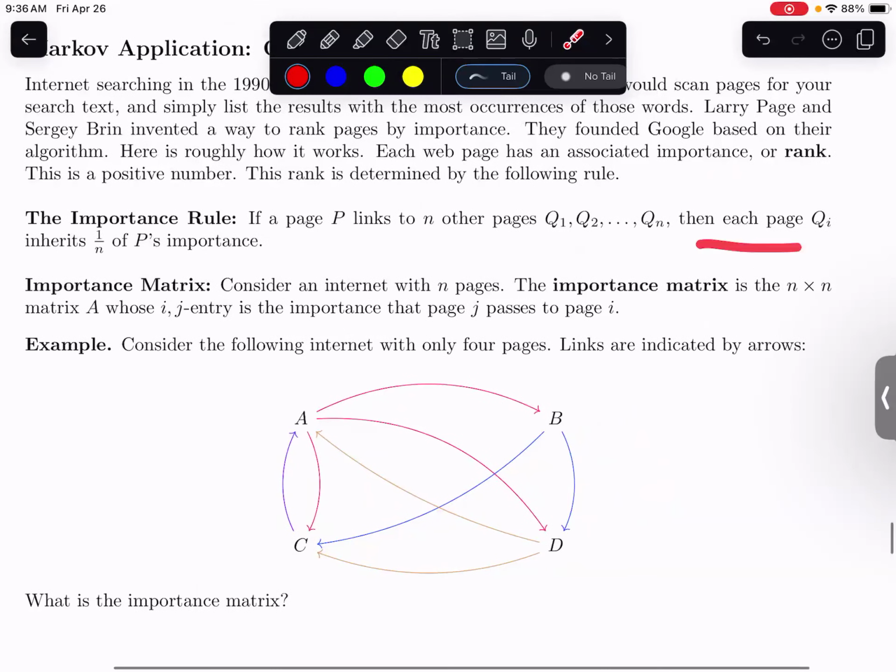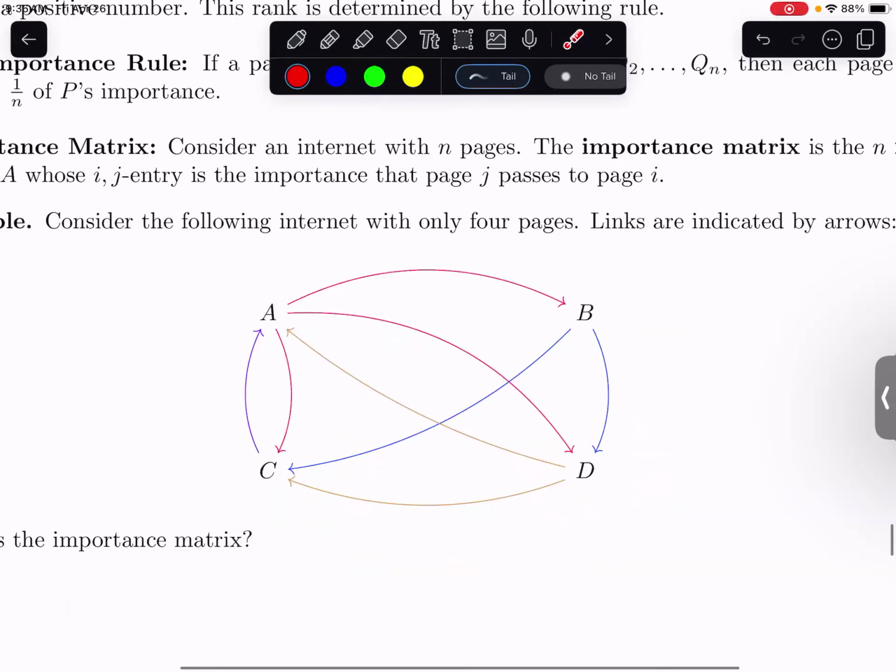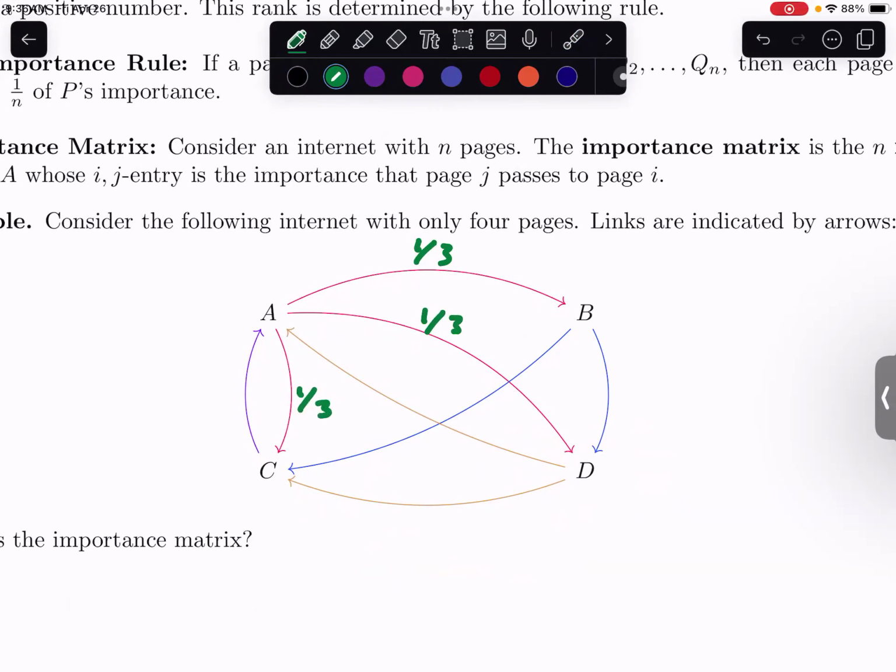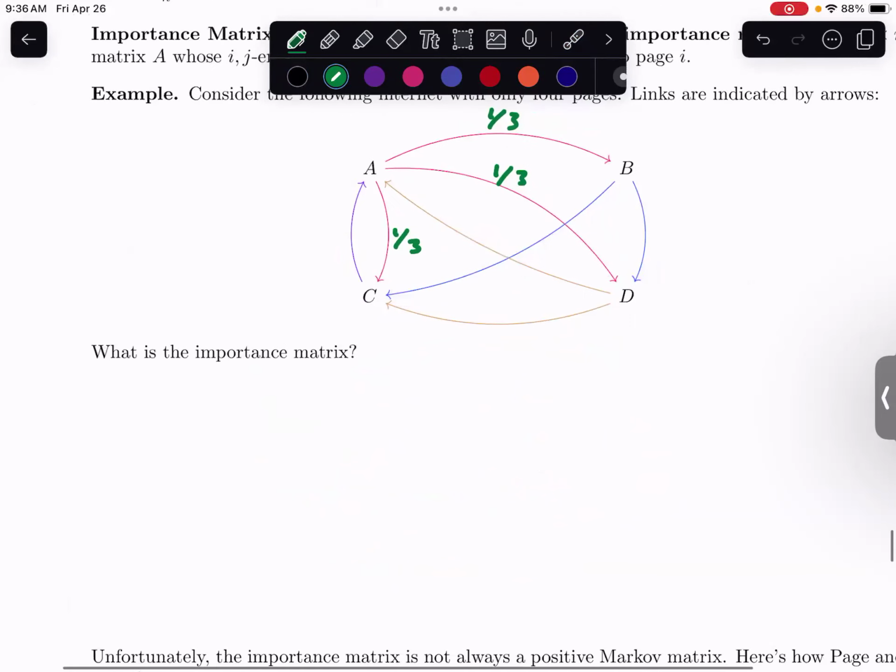Each of these web pages, B, C, and D, will inherit 1/3 of A's importance. So this is going to be 1/3, 1/3, 1/3. And so the first column of the importance matrix is going to be 0, 1/3, 1/3, 1/3.